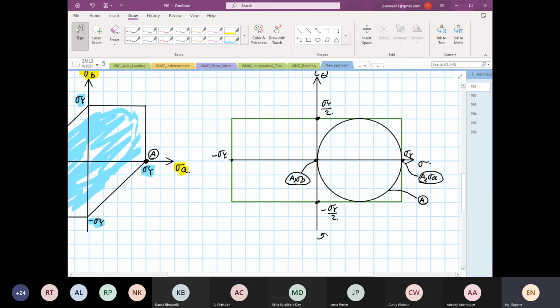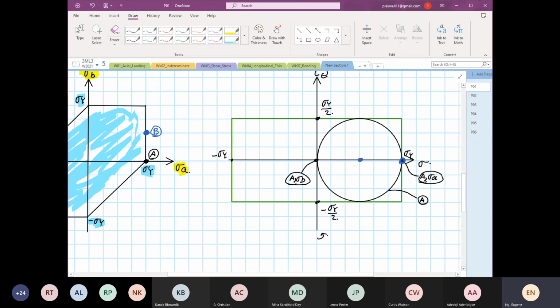So if I go to the other extreme, if I go to this point over here, this is my condition B. For condition B, the yield or stress A is still at the same point over here, which I'm drawing with the bigger blue circle, and stress B will be down here.